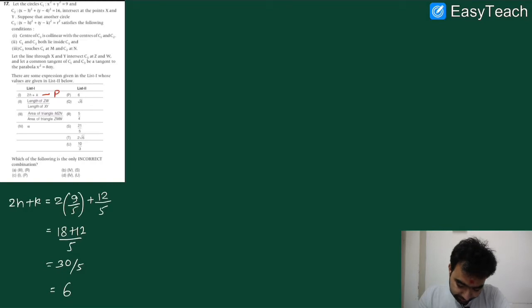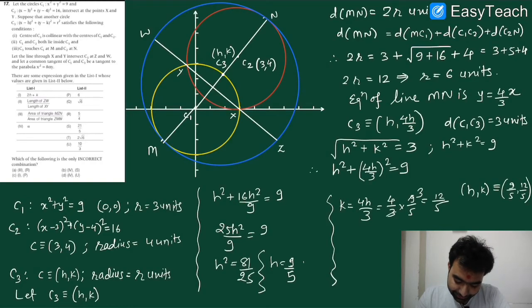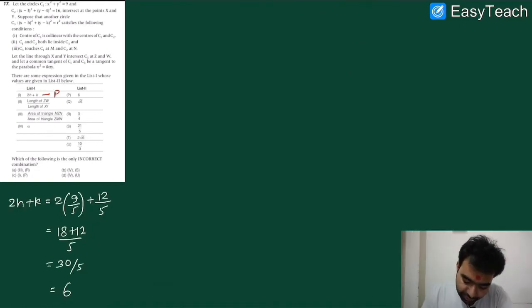Then length of ZW upon length of XY. So now let us first calculate the equation of XY. Now XY is the common chord for C1 and C2. So equation of XY is C1 minus C2 equal to 0.